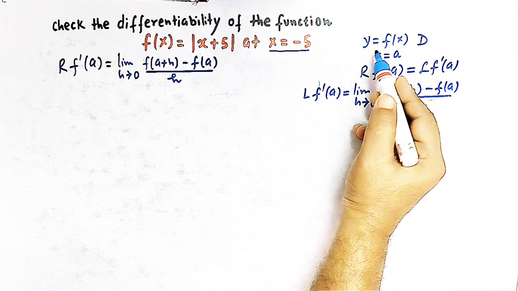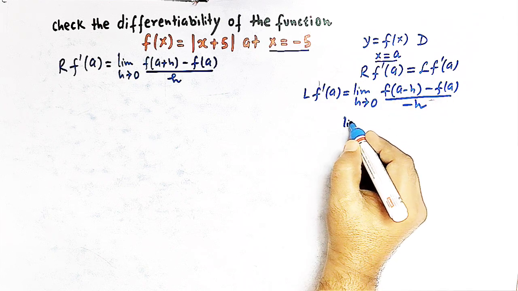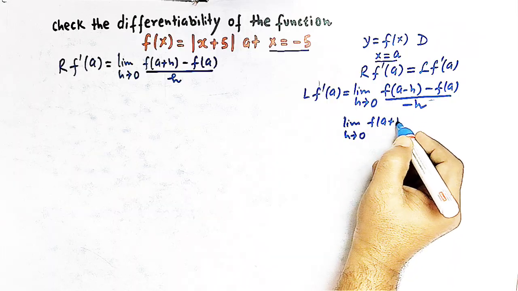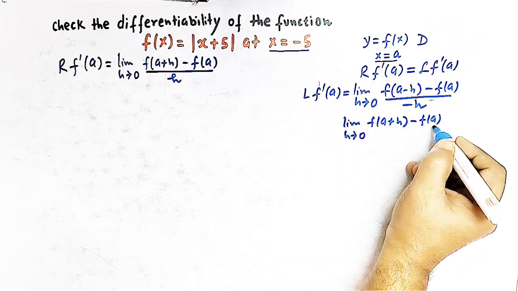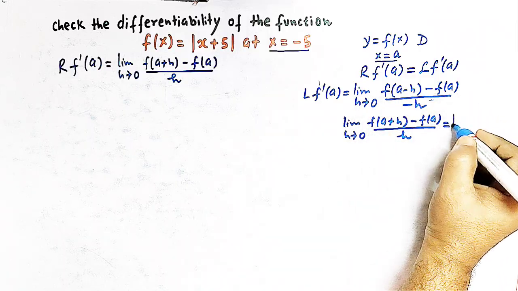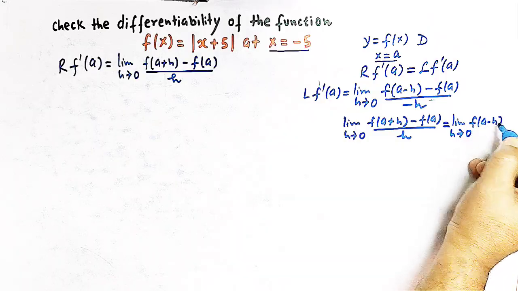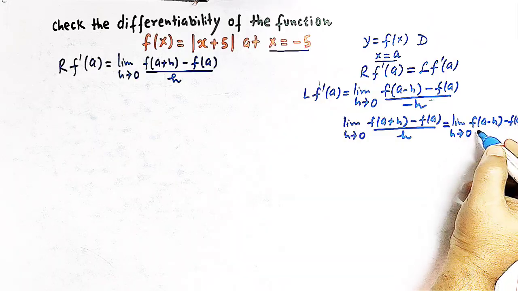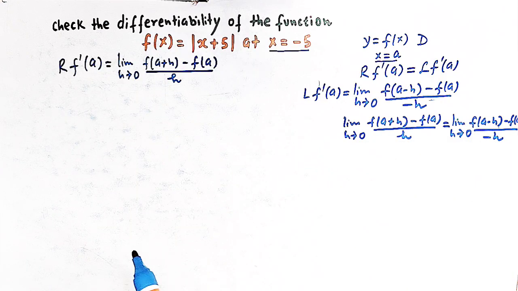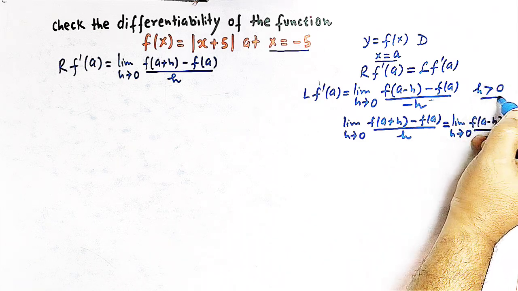The function is differentiable at this point if these two limits are equal, where h is infinitesimally small and h is greater than 0.